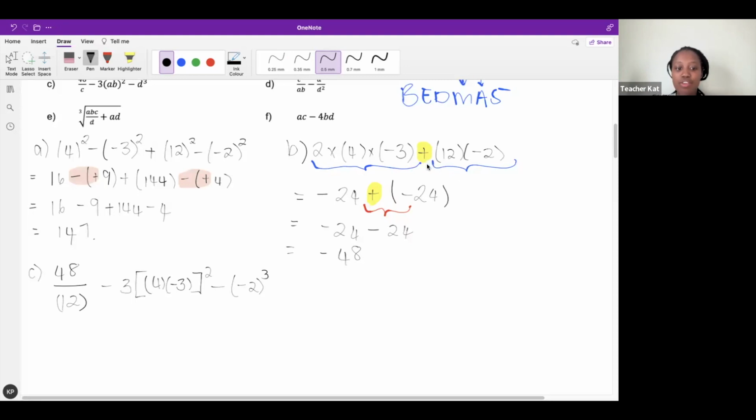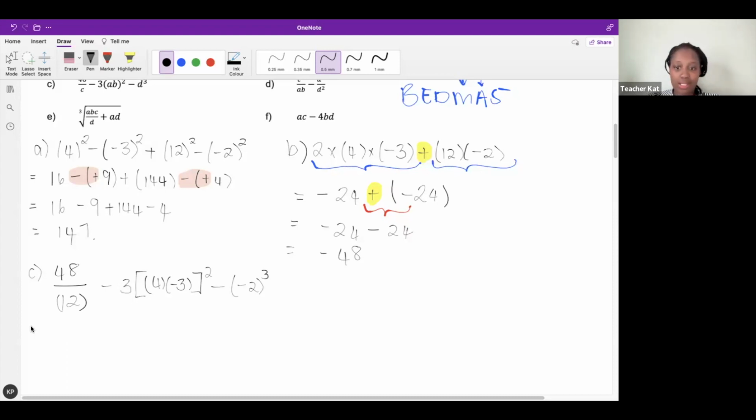Brackets. Do we have a set of brackets that need simplifying inside the bracket? I have a 12 here, but I can't do anything about it. But is there another set of brackets here that I can simplify? And which one is that? Which set of brackets needs simplifying inside? It is the second one, right?